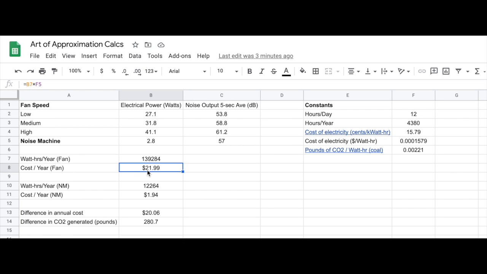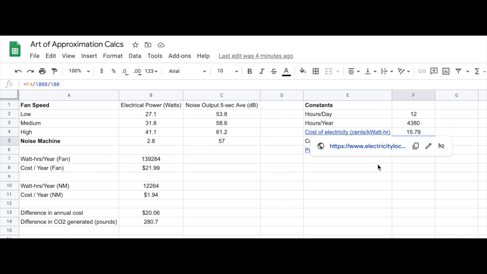And to calculate the cost per year for the fan, you need to know what the cost is per watt hour, because I just calculated the watt hours here. And so that's what I have over here. So I looked up online the cost in terms of cents per kilowatt hour. It's about 15.79 cents per kilowatt hour in Madison. And then I converted that to dollars per watt hour just by dividing by 1,000 to convert from kilowatts to watts.